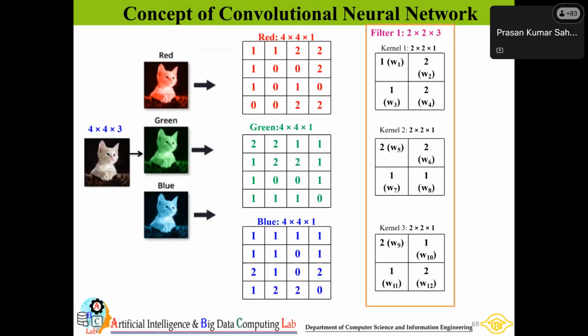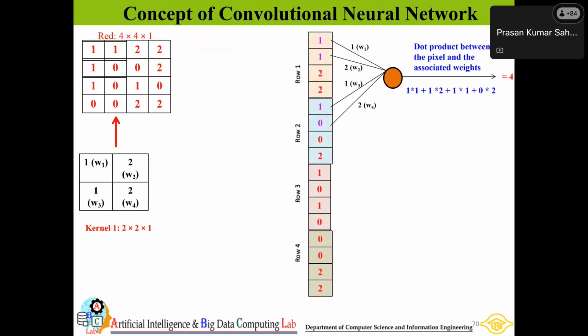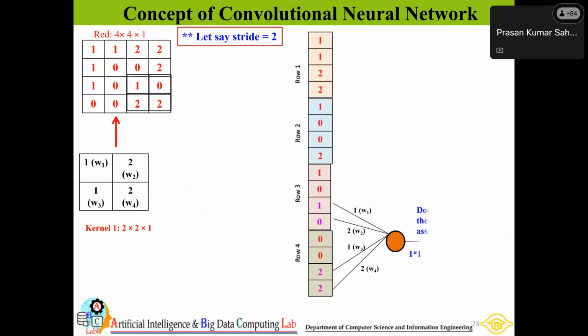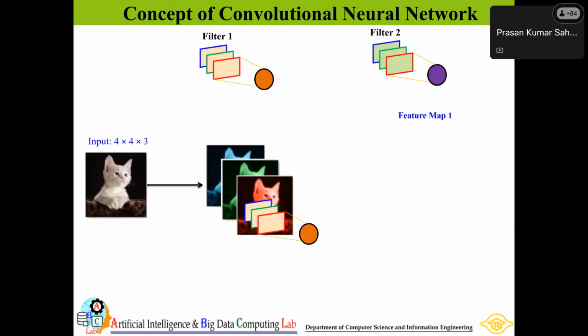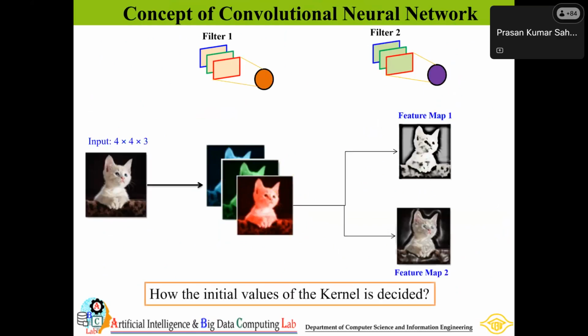From here we get these values by taking the dot product between the pixel values and the associated weights. Finally we get the feature maps: using filter 1 we get feature map 1, using filter 2 we get feature map 2. Thus we can use the convolutional operation to get the feature map.